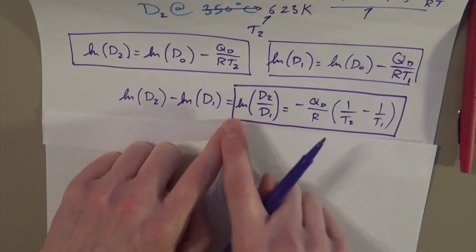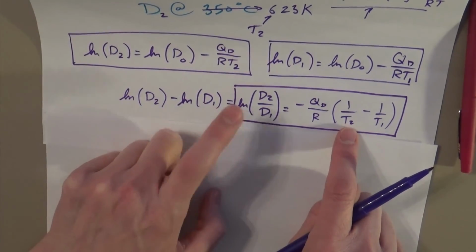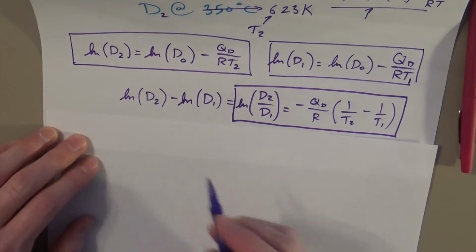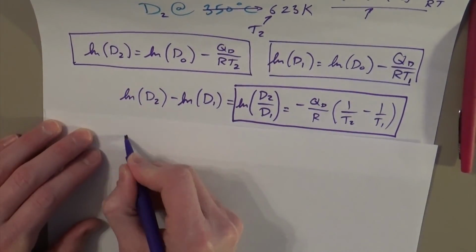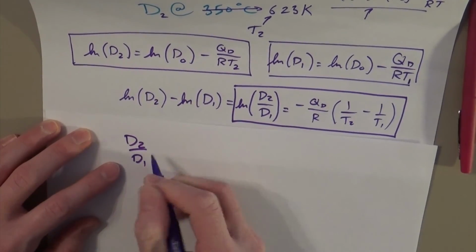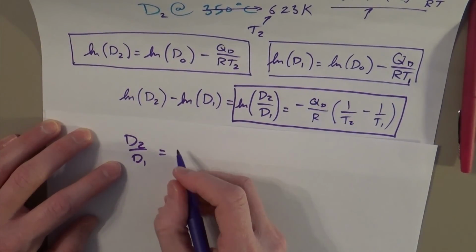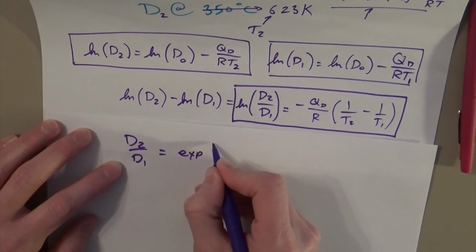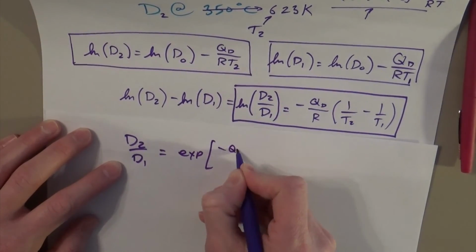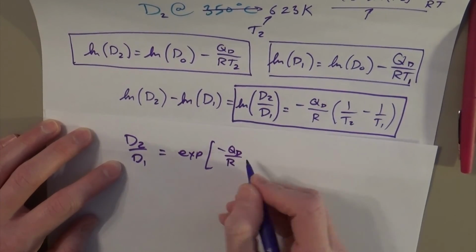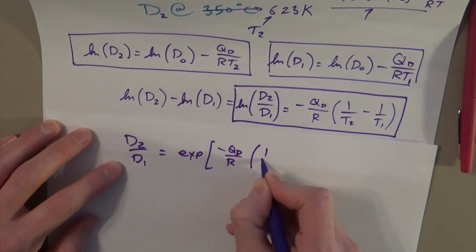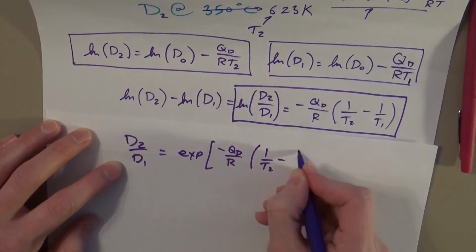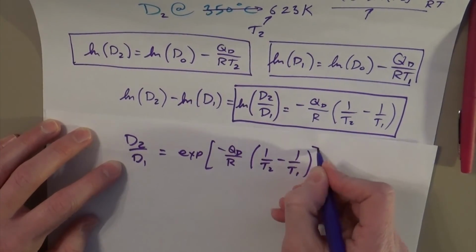Now we're going to take the exponential of this to get rid of the natural log. So we get D2 over D1 is equal to exp of negative Q_D over R times 1 over T2 minus 1 over T1.